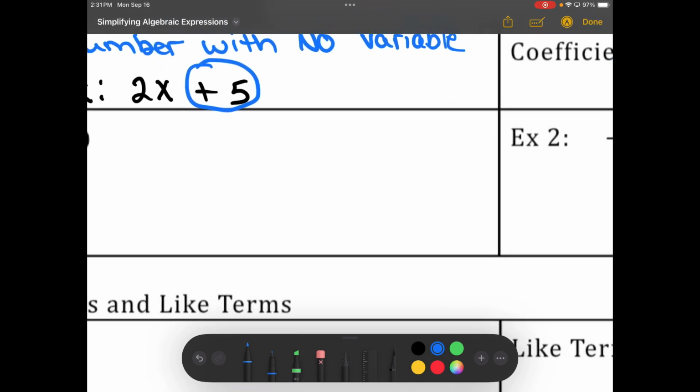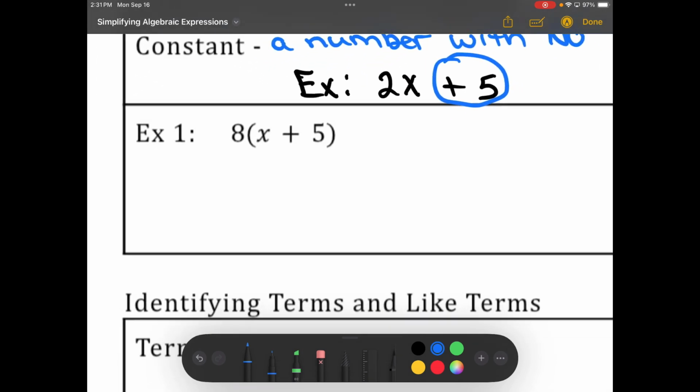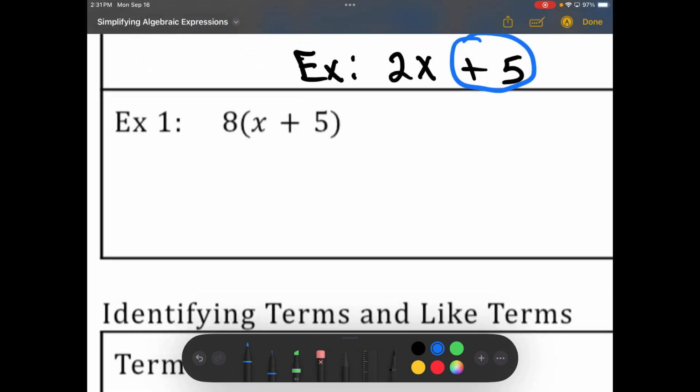Let's go to example 1. On example 1, we are going to distribute. Now, if you missed the notes on properties, we talked about how the distributive property is the number outside the parentheses is multiplied to the expression inside the parentheses, right?